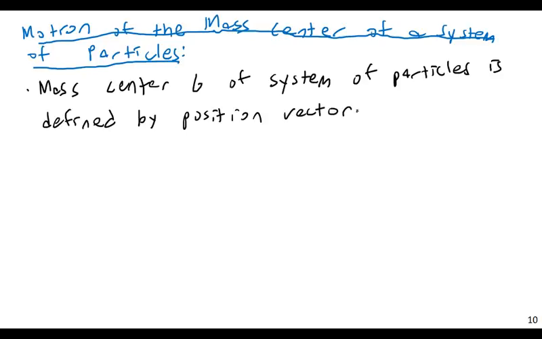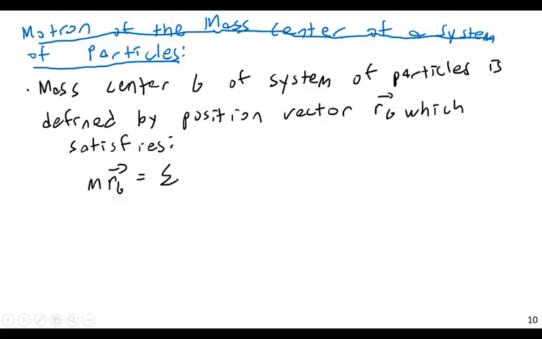So we'll have some mass center, and with a position vector RG, which satisfies this here, which satisfies M RG is equal to the summation i equals 1 to N of mi ri.